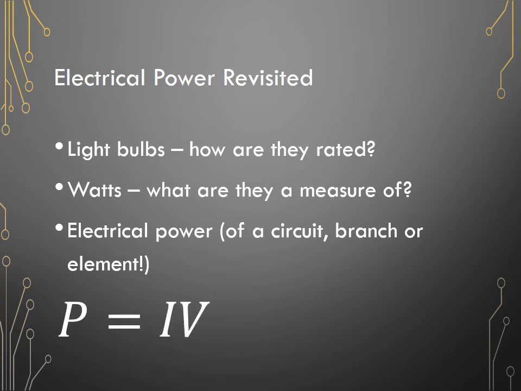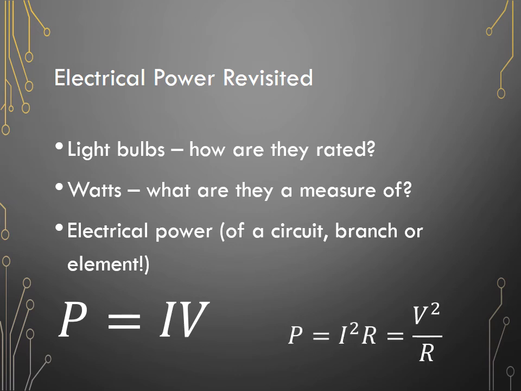So P equals IV, but maybe I don't have these two variables. Now I can solve for one of those in terms of the other two, V, I, or R, that I don't have.